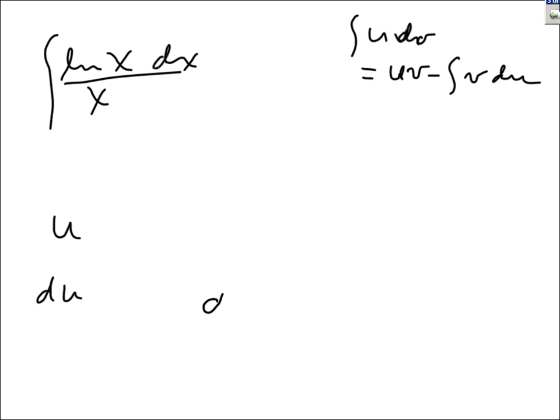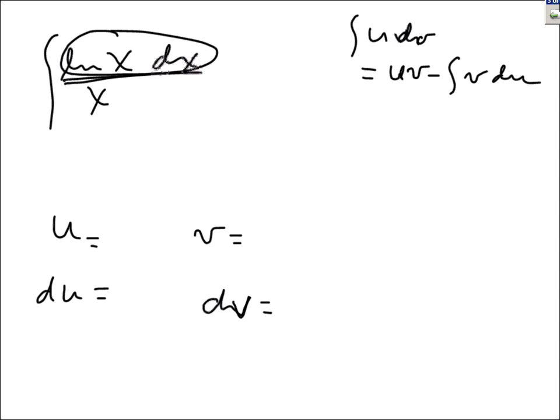But now, you're going to call something else dv. You can't integrate everything. So what you call dv, you want to know how to integrate. If I call ln x dx, if I call that dv, I'm in trouble, because I don't know the integral of ln of x.